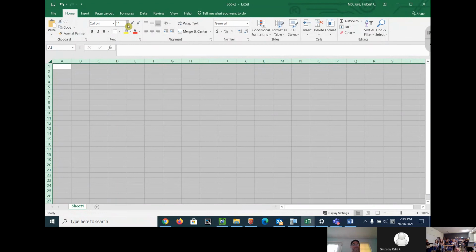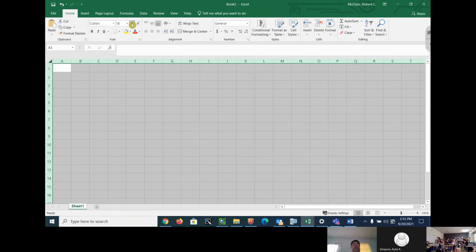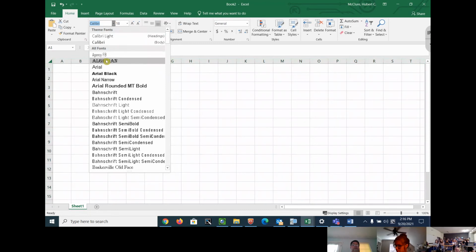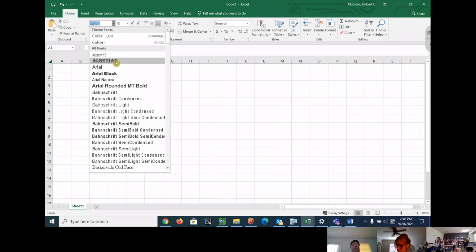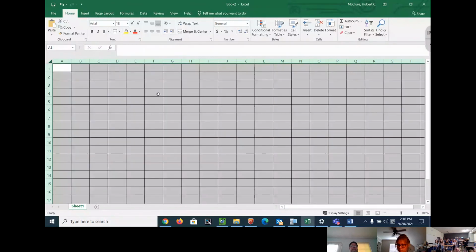All right, so let me make this a little bit bigger. And make this Arial. And hopefully y'all can see all the borders. Is that good? Can everybody see that real good?